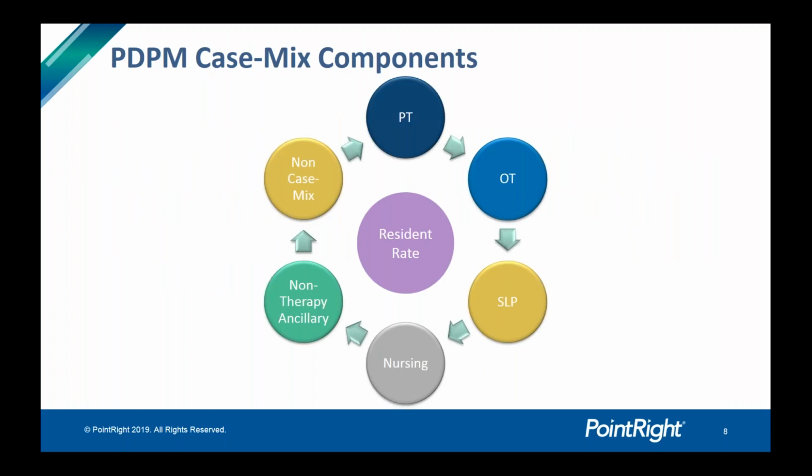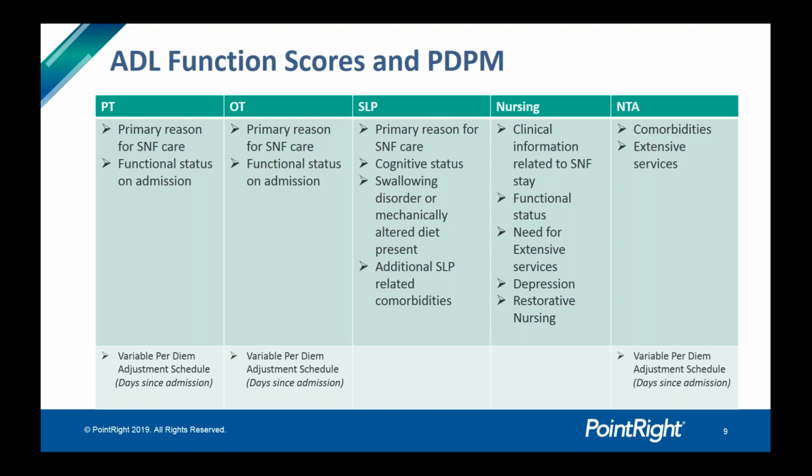So of course the PDPM case mix components all combine into the resident rate, and we've used this slide in all of our presentations because all of these components interact in different ways to come up with that single resident rate. Now, as far as the PDPM components that are impacted by ADL functional scores, there's a couple of areas.